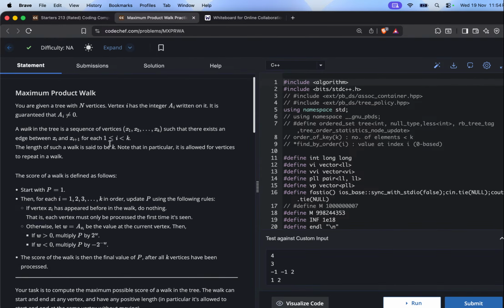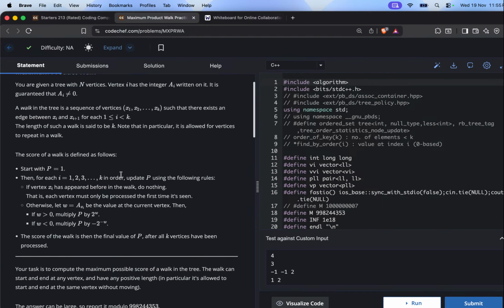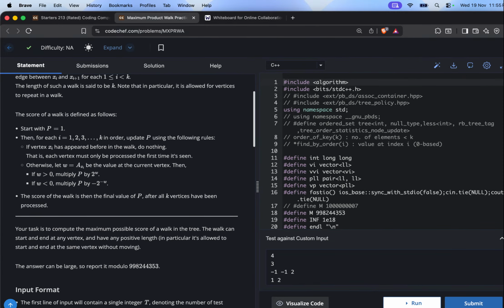The length of such a walk is said to be k. Note in particular, it is allowed for vertices to repeat in the walk. Okay, so we can start at any particular node, move to any portions of the tree, and come back to that node, or let's say end it anywhere.